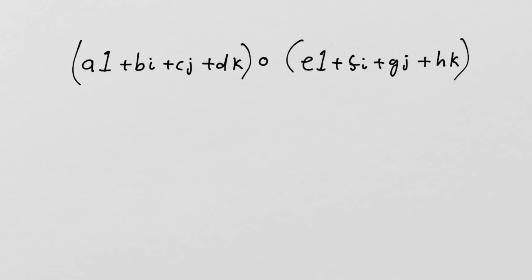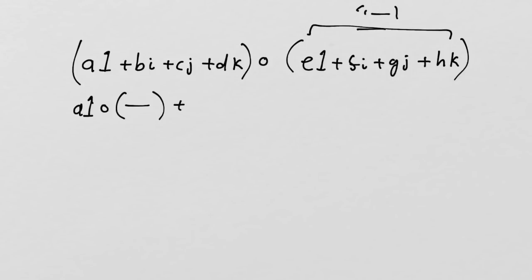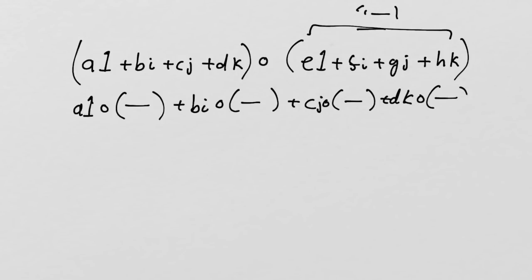This simply equals a times 1, field multiply, where this here is everything in here I'm writing as a little line, right? Plus b times i field multiply, plus c times j field multiply, plus d times k field multiply, right?